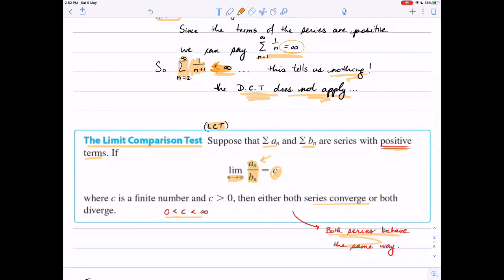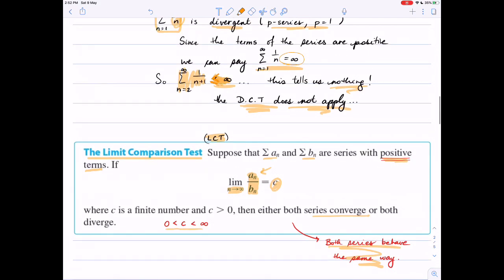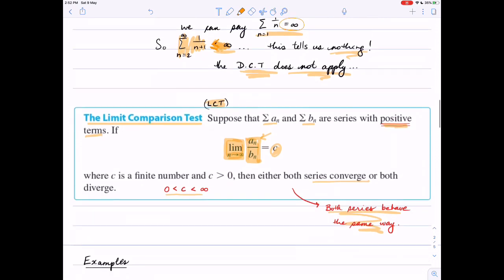They behave the same way. A couple of differences to point out with the direct comparison test: it used an inequality, not a fraction, and it did not use a limit. It was term by term. This is a limit.